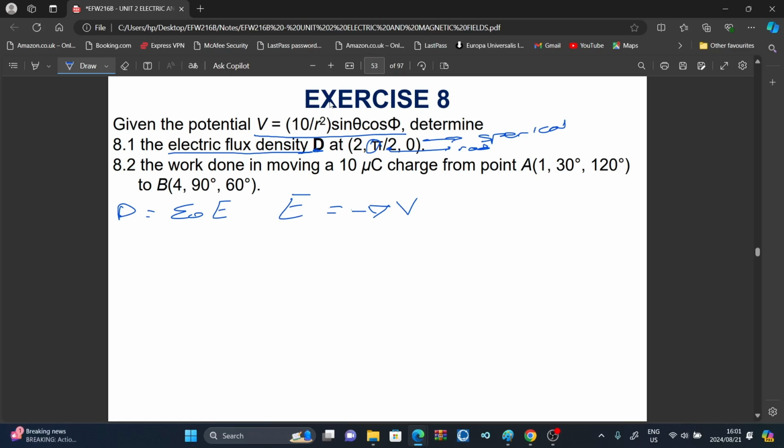So we need to calculate our electric field, and then we calculate our flux density. So that's what we are going to do next.